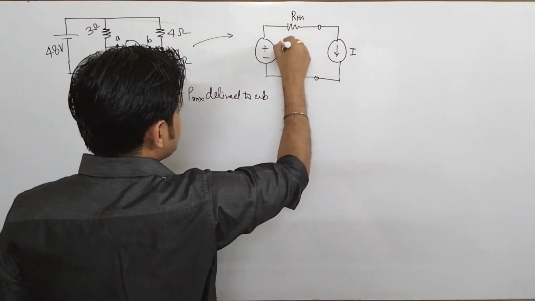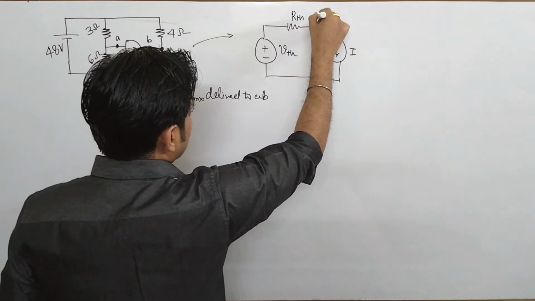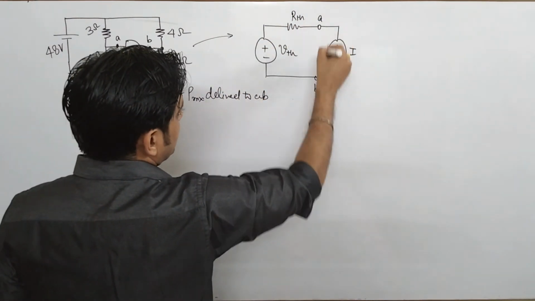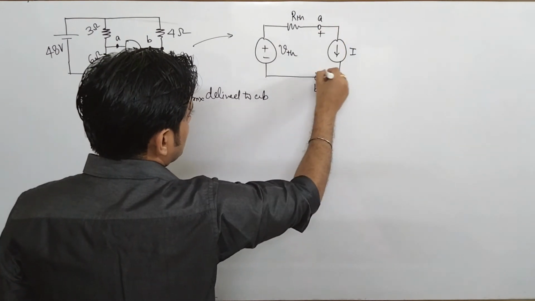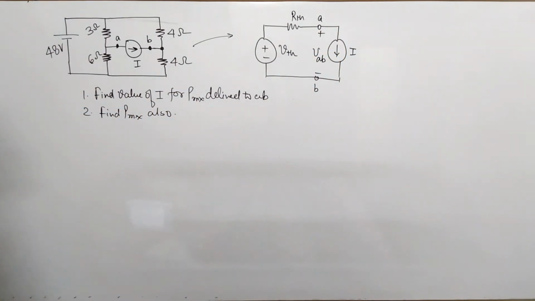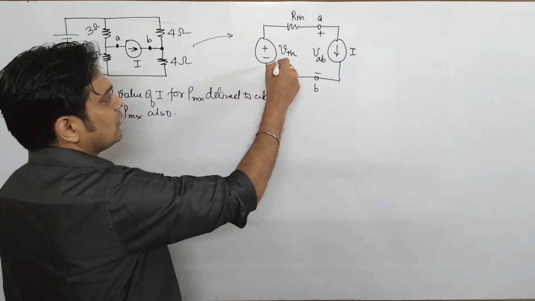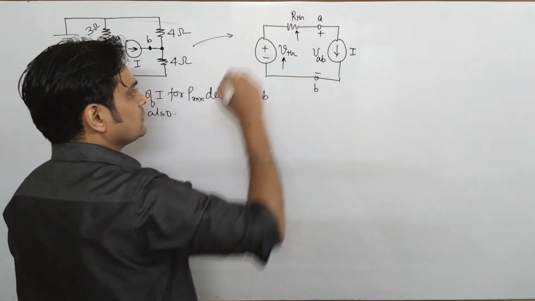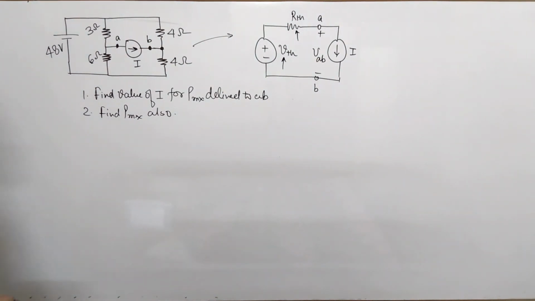This is your RTH and this is your VTH, and here is the AB terminal. And the current flowing is I. Let some voltage be appearing here, that voltage is VAB. So basically to find the value of I or maximum power, first you have to find the value of VTH and RTH also.